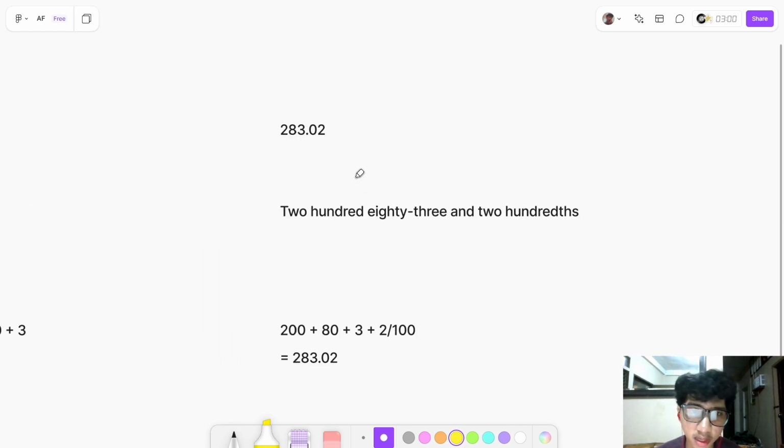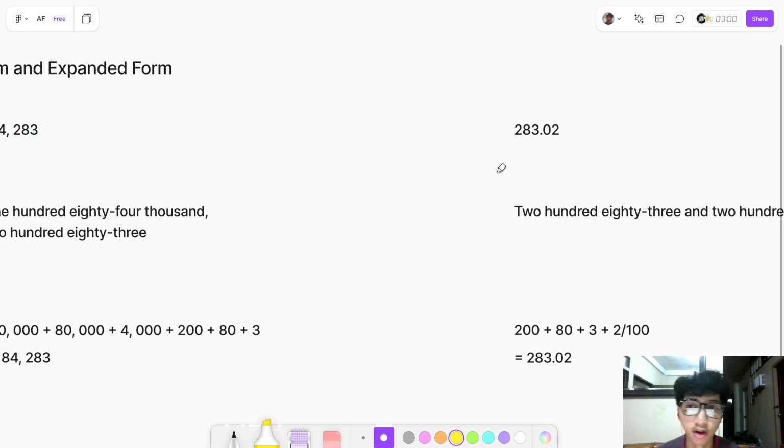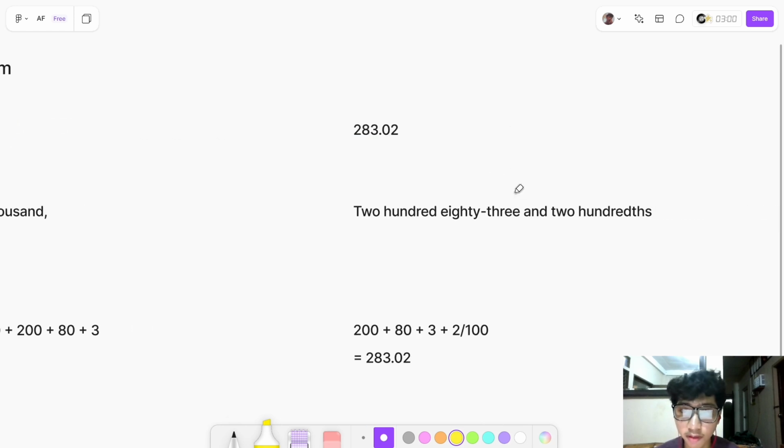Another example will be 283 and 200. We already did the word form of the number before the decimal point. So in here, if you write it with the decimal point, same as usual in 283.